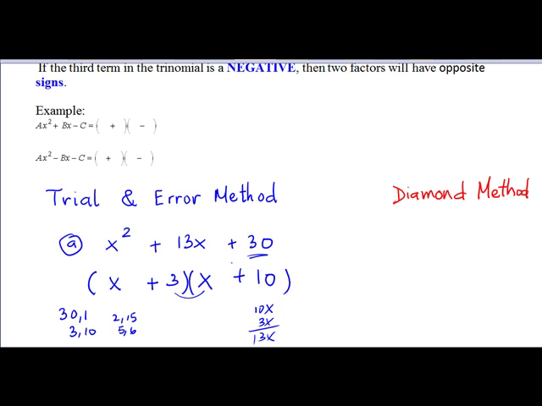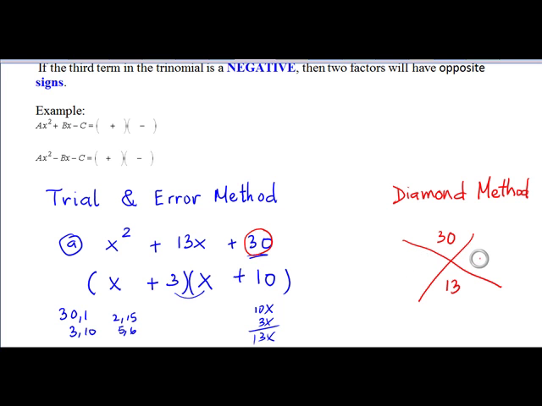Okay. It's nice. Now, the diamond method, you draw a cross like that. In the top, you put this number, 30. In the bottom, directly below, you put the B term. The B term here will be positive 13. And then right here is where you place the numbers.